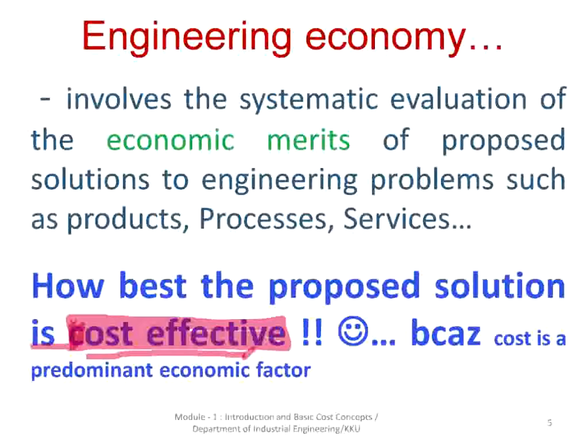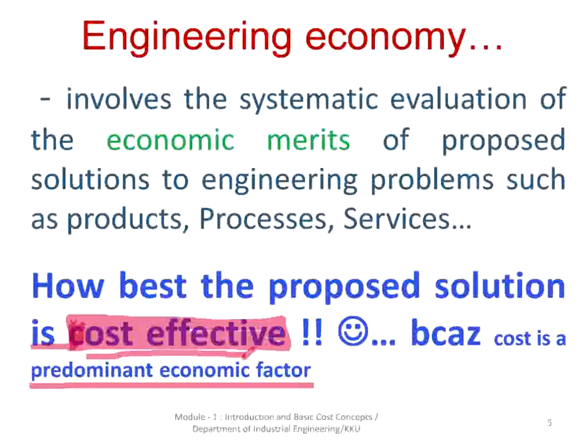Because cost always has more value than anything else. Because every activity, if there is a small change, it will affect cost directly. That is why cost is called the predominant economic factor. Got it? Why are we focusing on cost? Because cost is the predominant economic factor. Don't forget this.